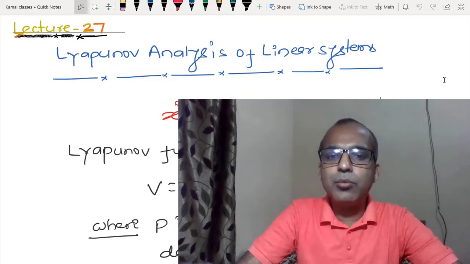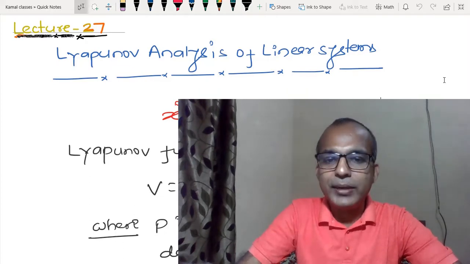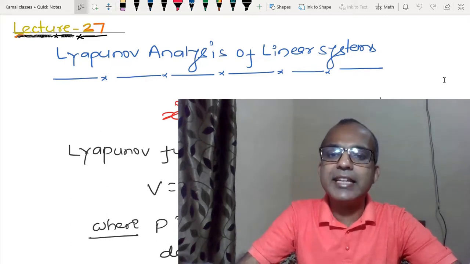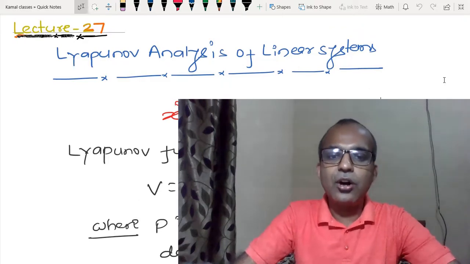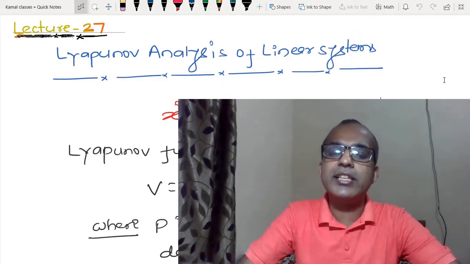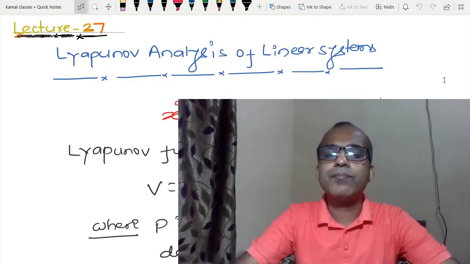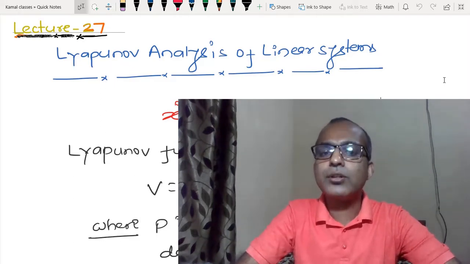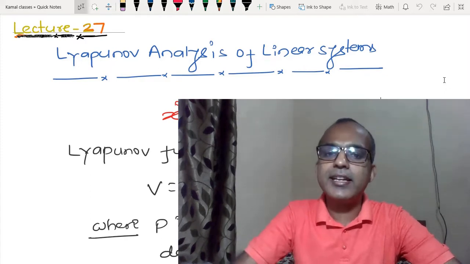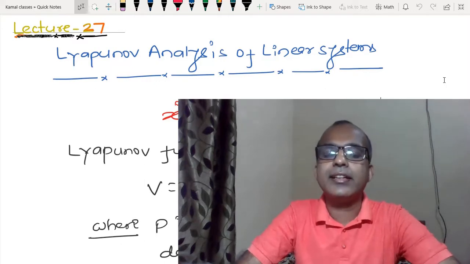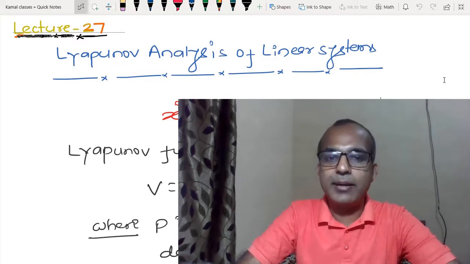Another more important thing: nowadays systems are very complicated, such as cascaded linear systems, or cascades of linear and nonlinear systems. Energy is a scalar, so I can define a scalar function for one subsystem, another scalar function for another subsystem, and since energy is additive, we can add them to construct the final Lyapunov function.